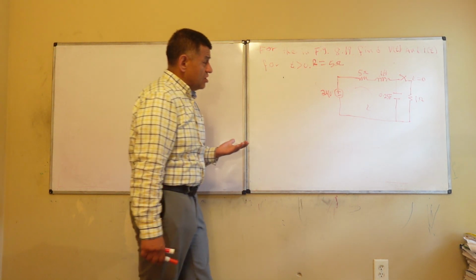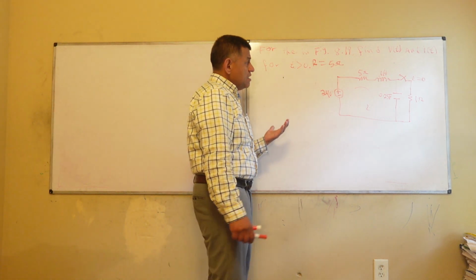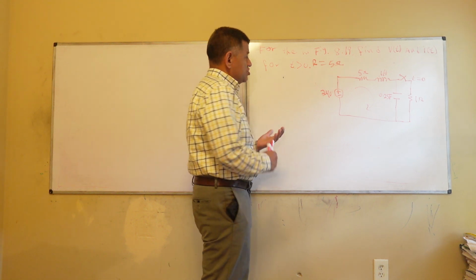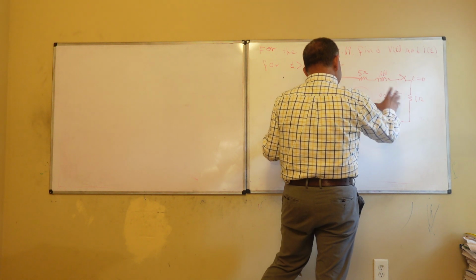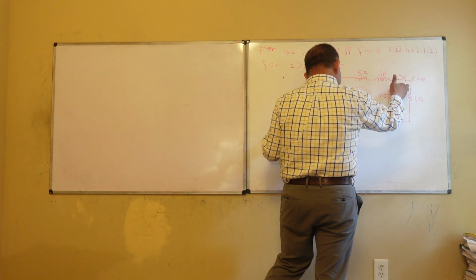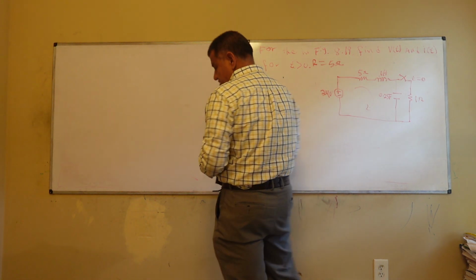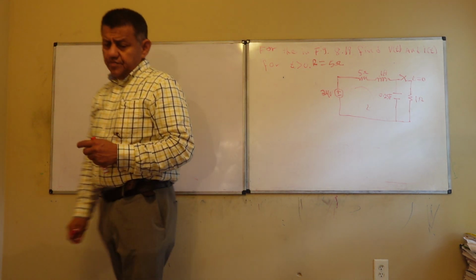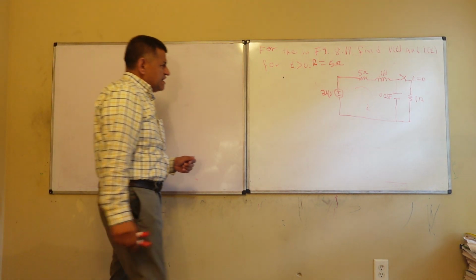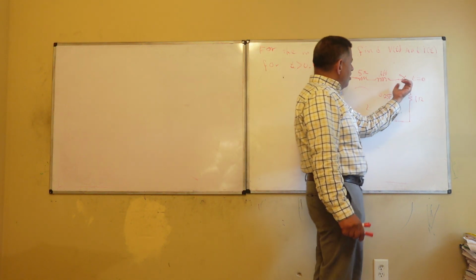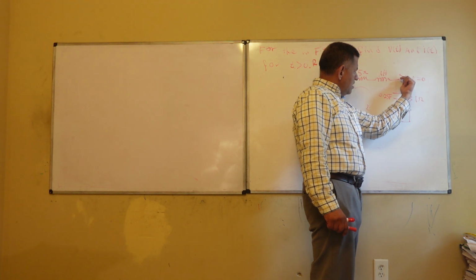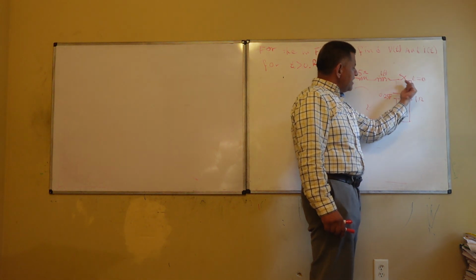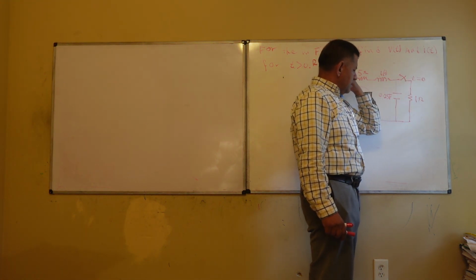But anyway, let's start doing this. We start by taking this information, t is equal to 0. At t equal to 0, assuming that the switch is still closed, nothing has been done yet.